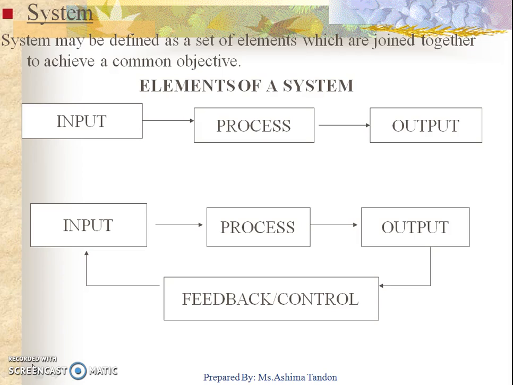As you can see in the diagram, I've written input when processed gives output, but this diagram is incomplete without the feedback. Feedback plays a very important role because ultimately it is the feedback which tells us whether the things are moving in the right direction or not. That means whether we have been successful in achieving the right output or not.